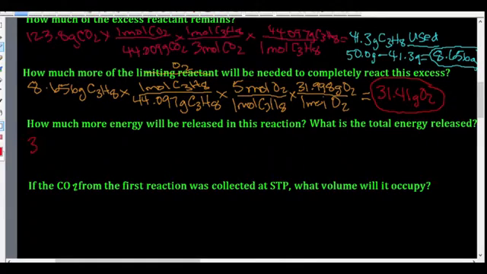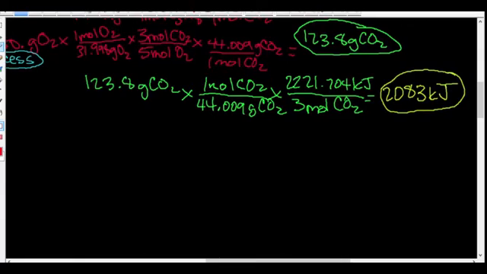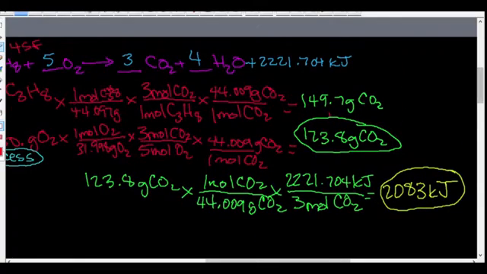So 31.41 grams of O2 times 31.998 grams of O2 for every 1 mole of O2. And then just a reminder, we know that for every 5 moles of O2, we get 2,221.704 kilojoules.